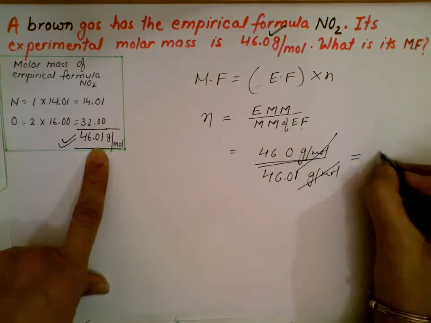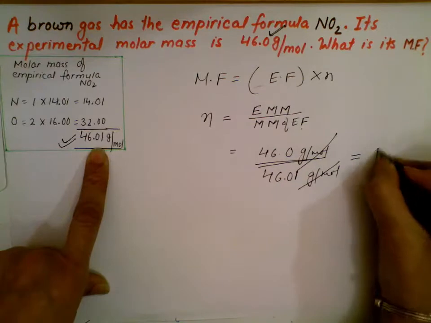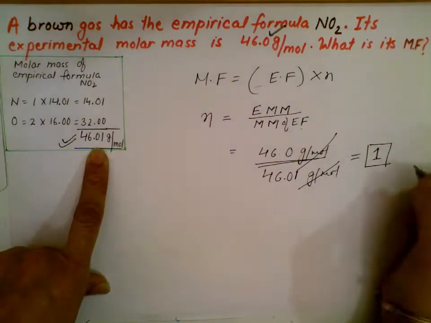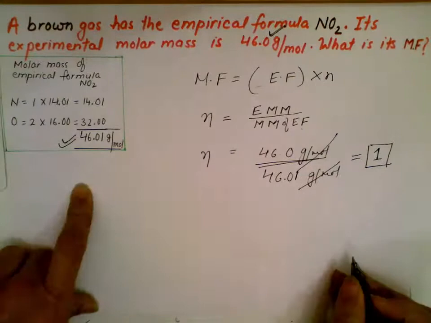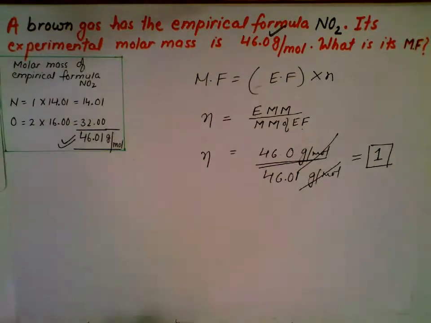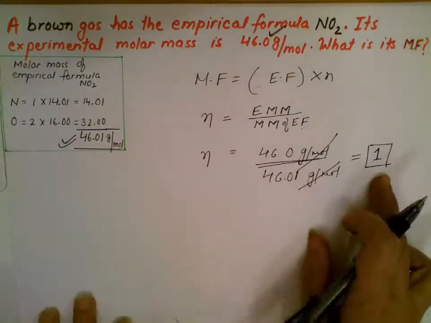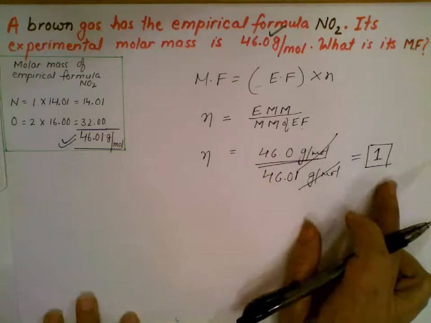Cross out the units, divide them, and you get 1, which is your factor n. n can be 1, 2, 3 or other numbers. Here it is 1, which is a whole number.